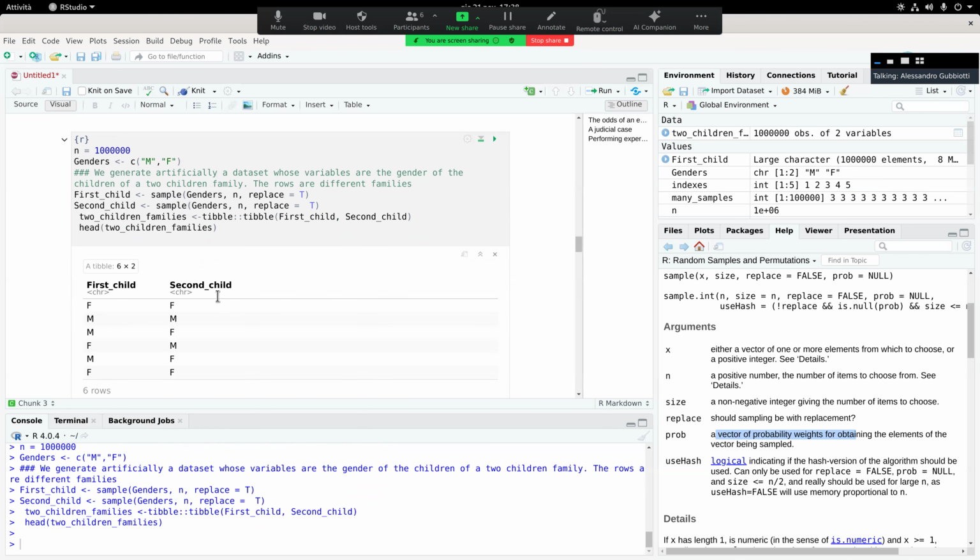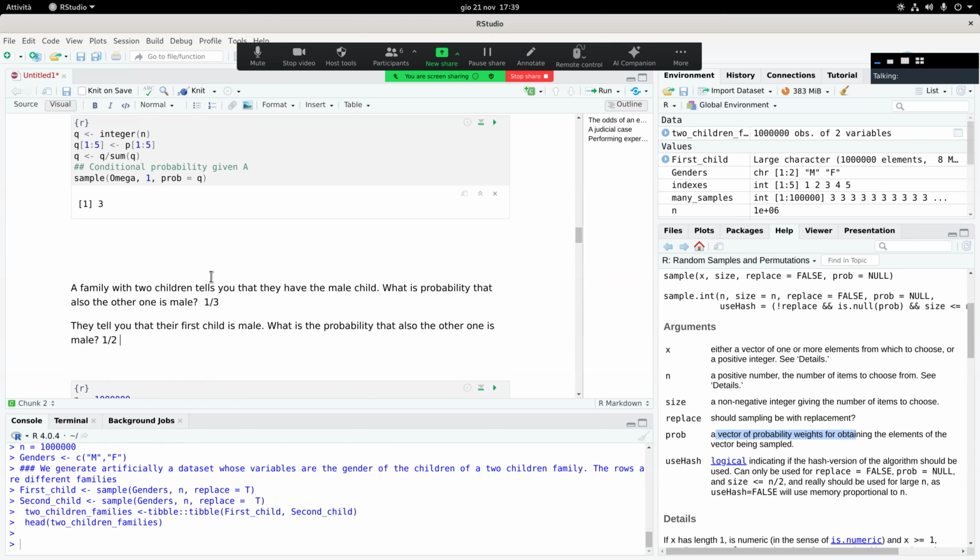But you can do the computations actually. The result is here, one third, and here 1/2. The fact is that in the first case, they are not telling you which one is a male, so it is much more probable that the other one is female.